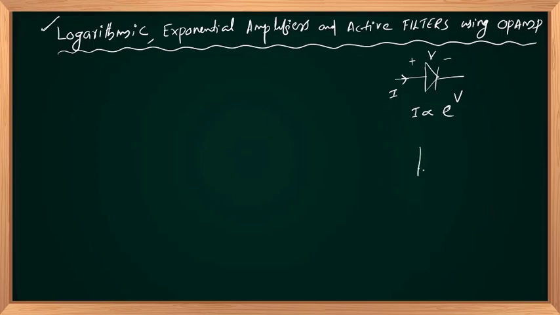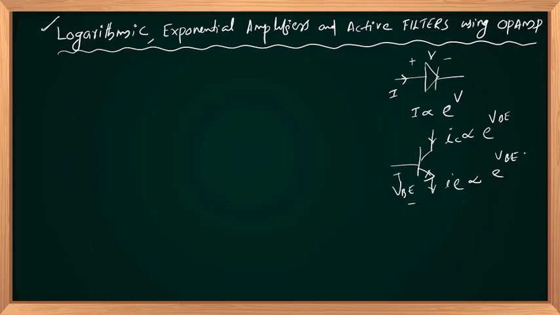Similarly, in the case of NPN or PNP transistors, the collector current IC or emitter current IE is proportional exponentially to the voltage between base and emitter, VBE.